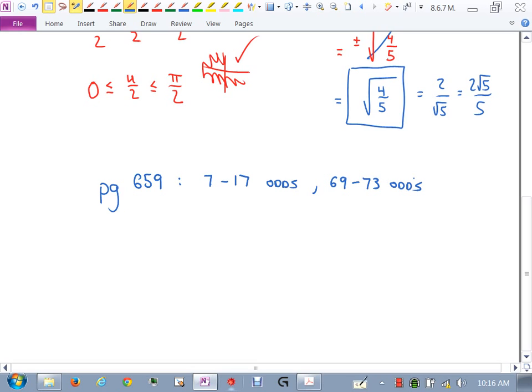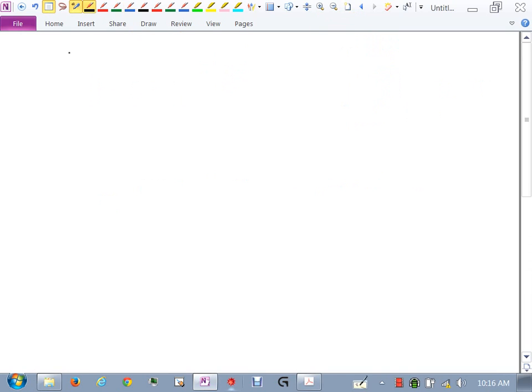All right, the last two sets of formulas. So the last section of this chapter. This is 8.7. The product to sum and then the sum to product formulas.